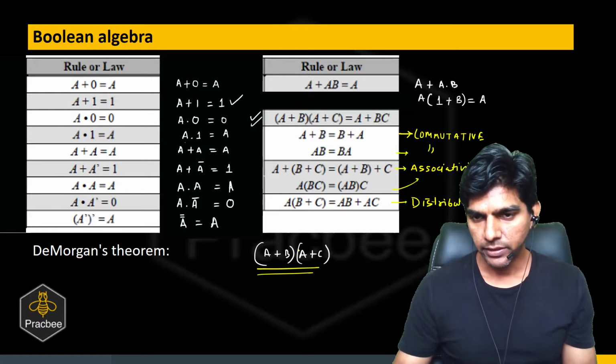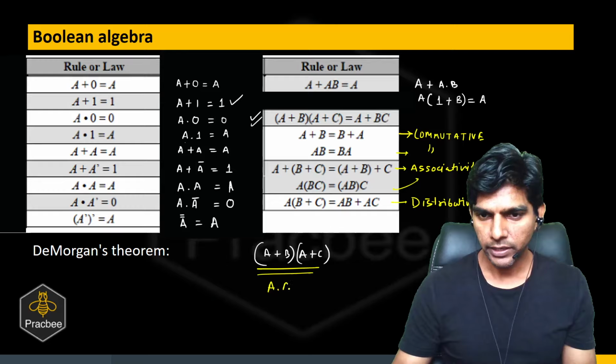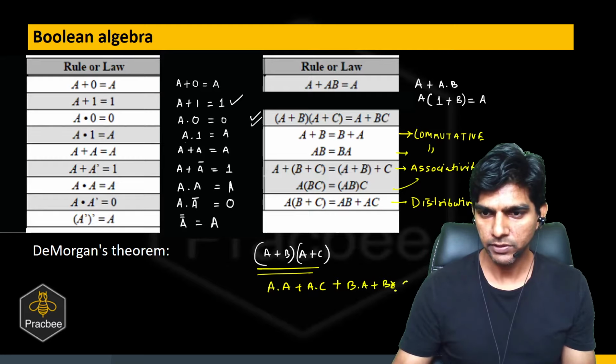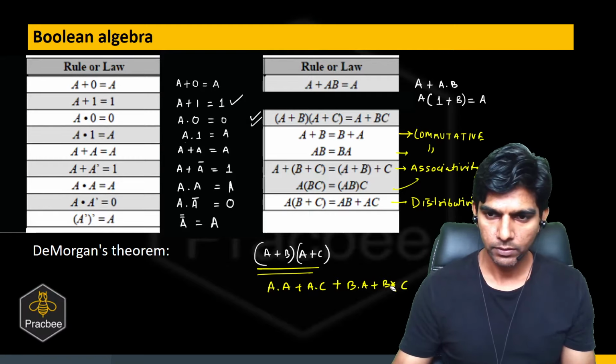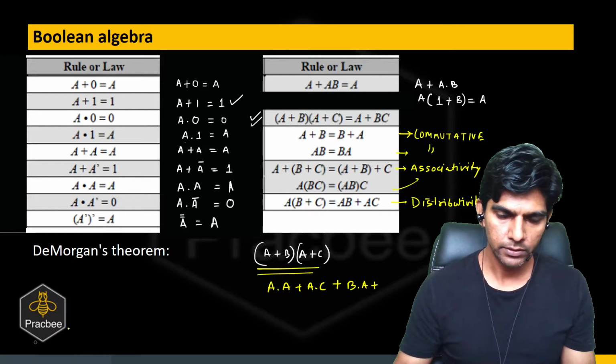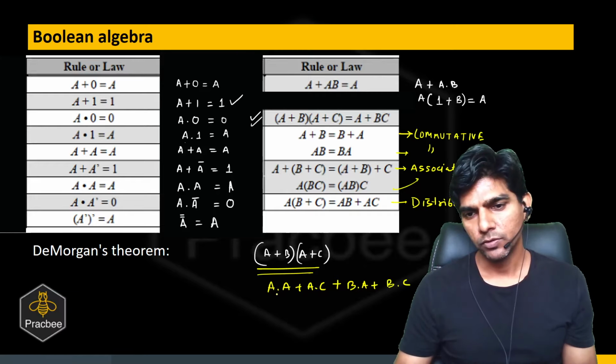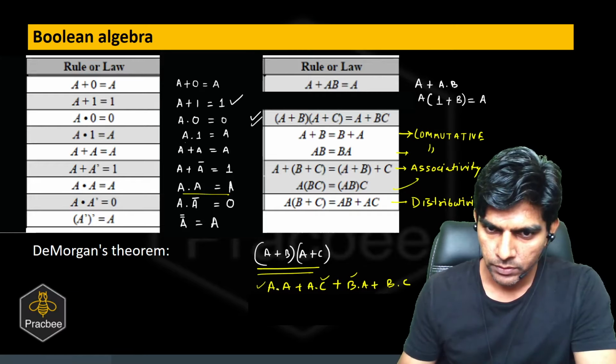If I apply the distributive property, it will be A dot A plus A dot C plus B multiplied with A plus B multiplied with C. Can you see, from the first three terms we can take A as common.